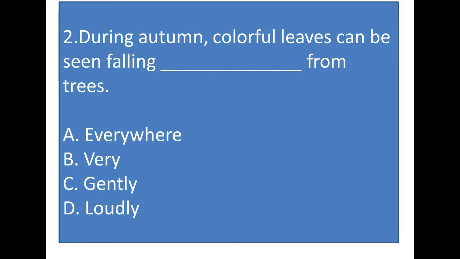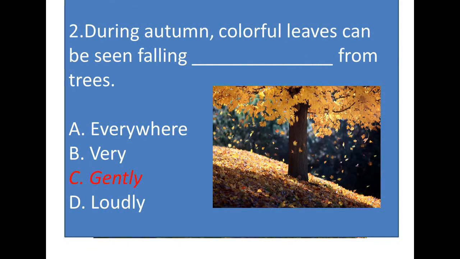You may think what word we should put here. Everywhere, very, gently, loudly. We put gently. Leaves can be seen falling gently from trees. Very, very romantic season. Do you agree?